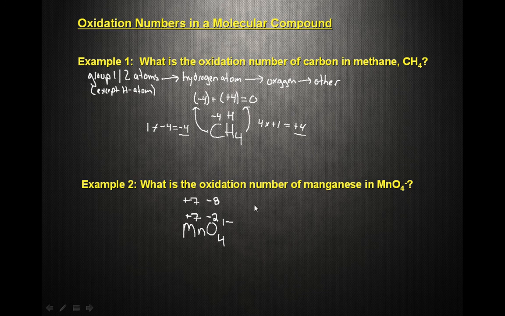Plus 7 plus -8 equals -1. So these oxidation numbers multiply by the number down here to give you your overall positive and negative charge. And that is basically how you do oxidation numbers.